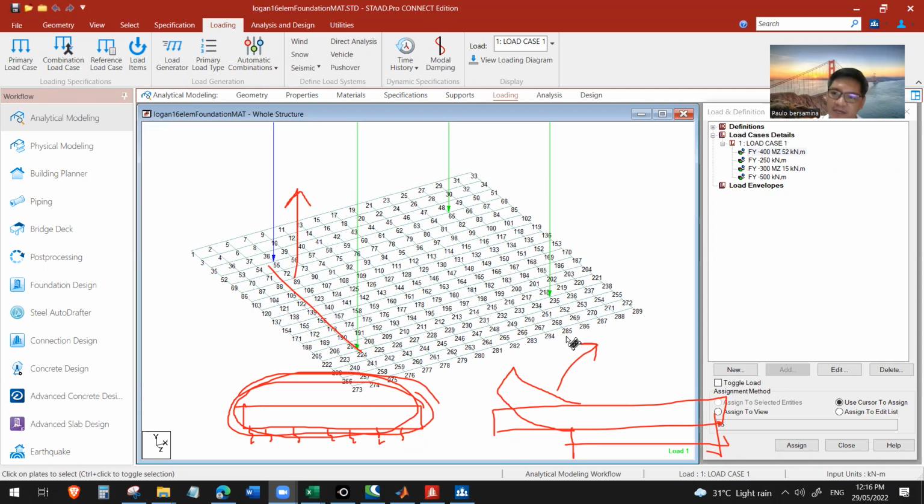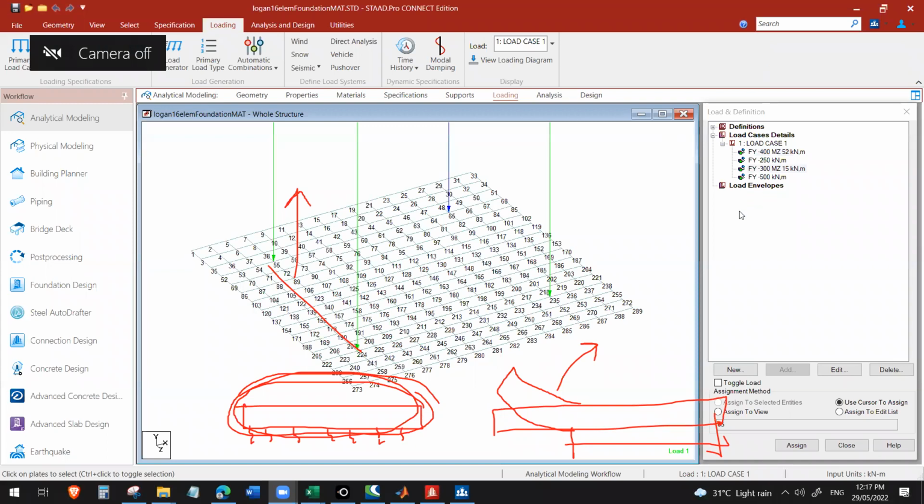You can also have MX on the other side, but I only did MZ for now. So there are moments on the two nodes, at the 400 and at the 300. So you have vertical loads and, of course, moment here.